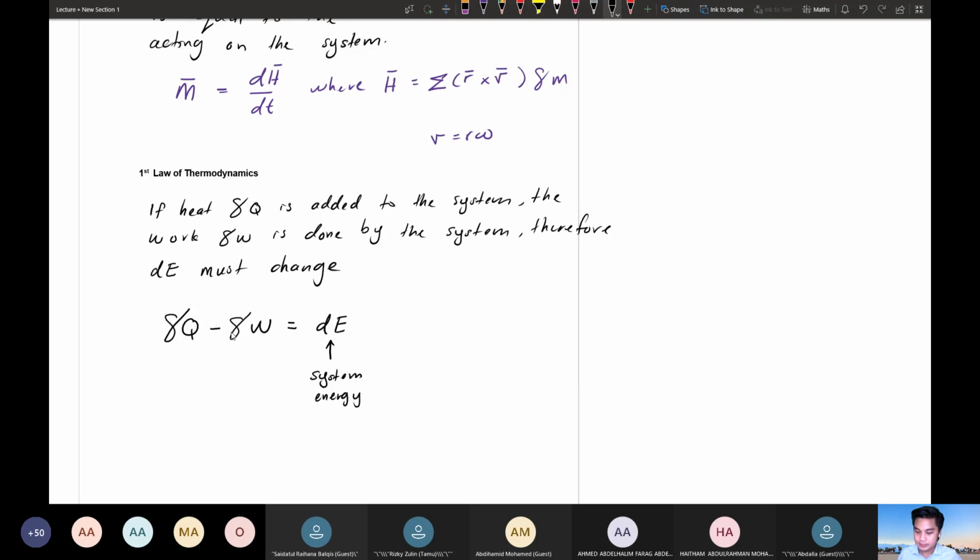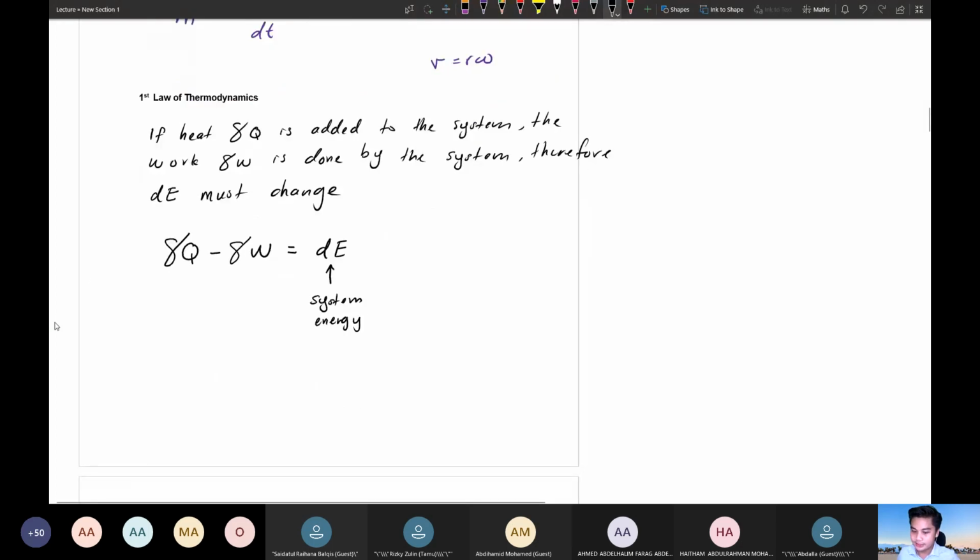So simply we can put it this way. This is the small change of Q added to the system and the work done by the system. The system does the work, so it is negative here, equal to the change of energy. All these terms we can divide by the time rate dt in order to get the rates of change.